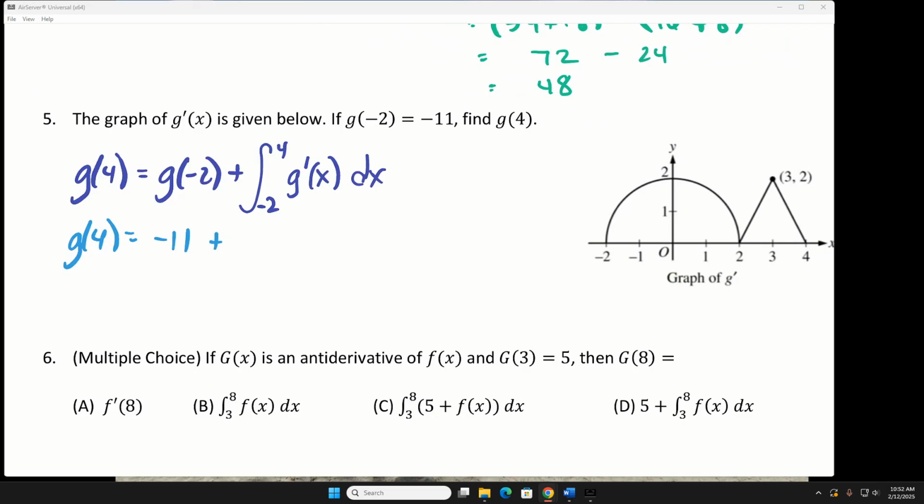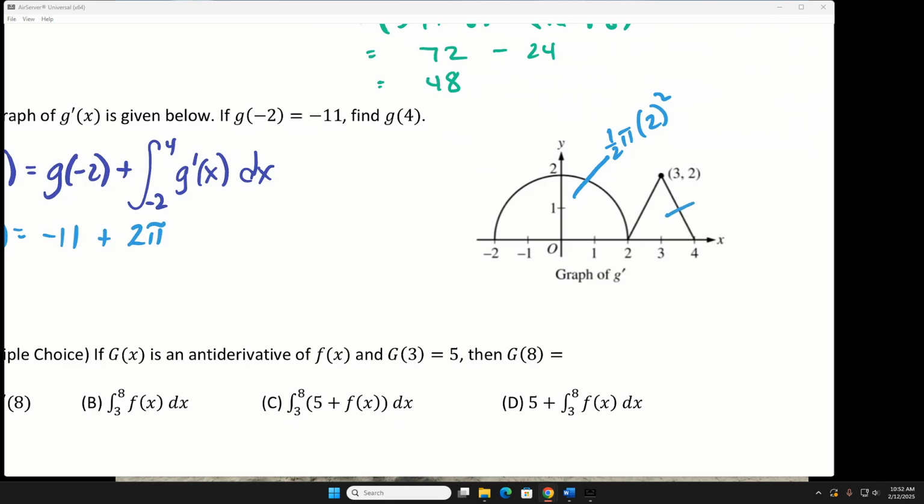The areas, right? Yeah. All right, so this is going to be a semicircle, so 1/2 pi r squared. What's r? Good. So 1/2 pi times 4 is 2 pi. Because it's above the x-axis, it's positive.